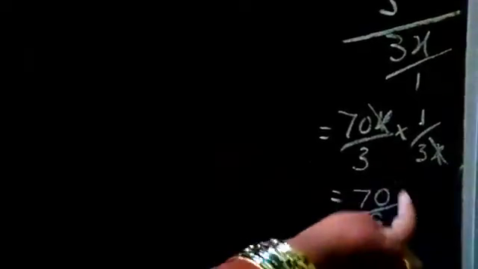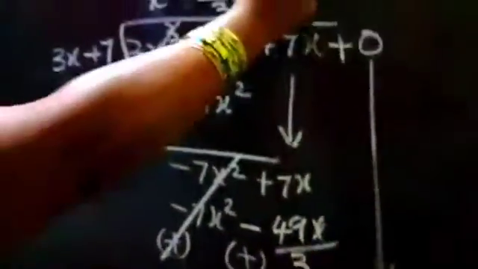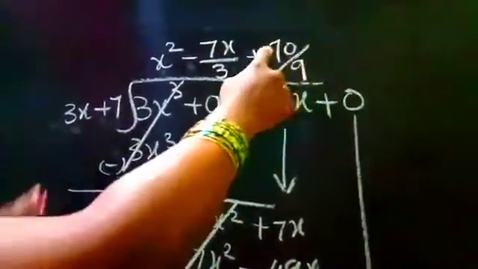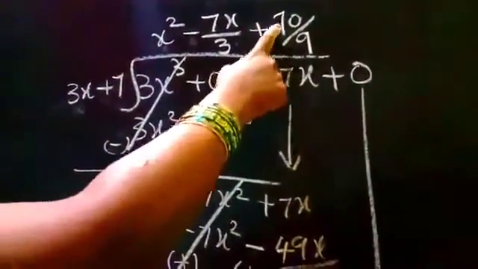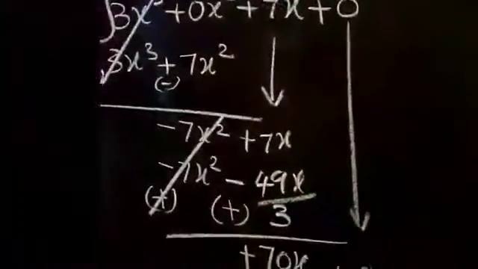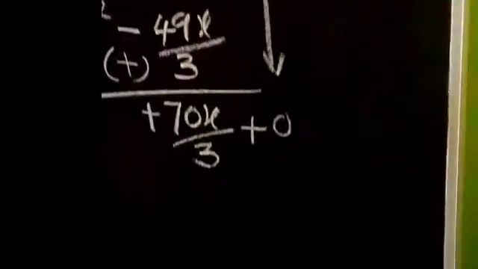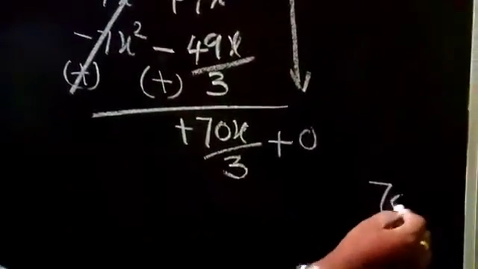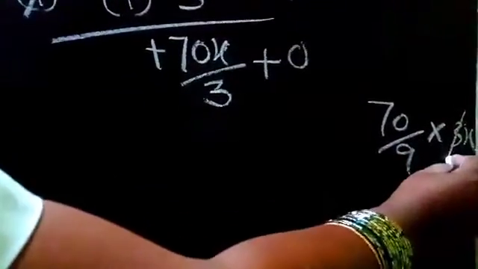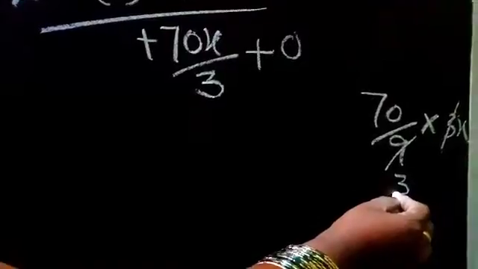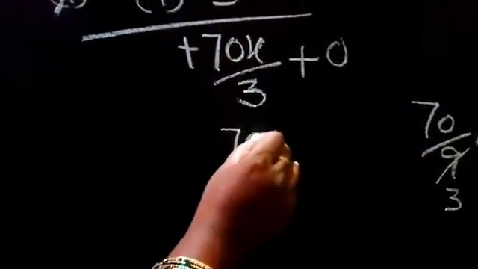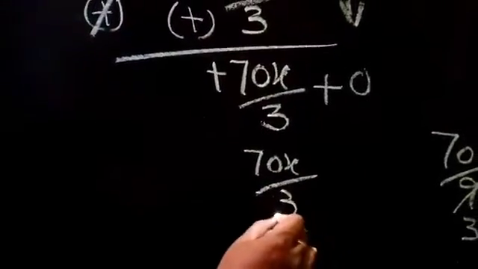With this we have to multiply both the terms, 70 by 9. So for this term we have 70 by 9. The first term 3x we have to multiply. So 70 by 9 into 3x. So here 1 threes are 3, 3 threes are 9. So what we have here is 70 into x, 70x divided by 3.